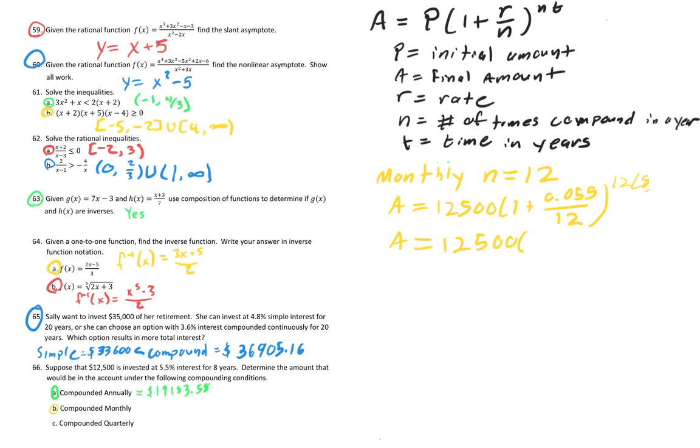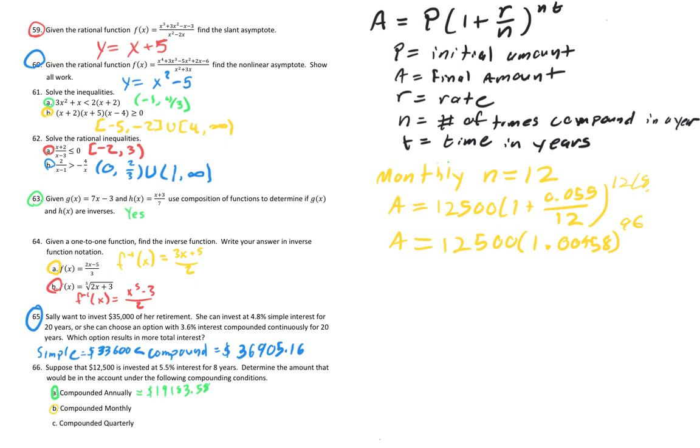12,500, then 0.055 over 12 is 0.00458 plus 1 is going to be 1.00458 to the power of 8 times 12, which we know is going to be 96. In this case, normally try and bring down all the values you can in your calculator.